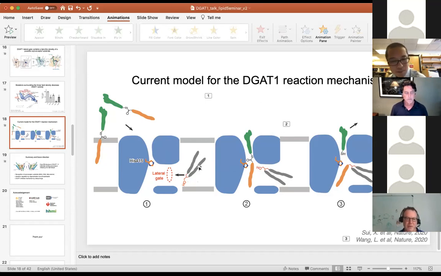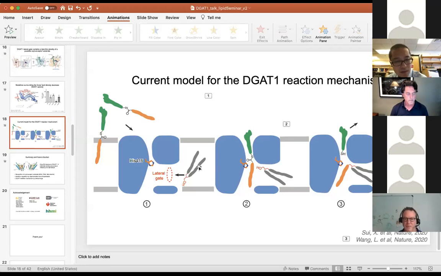Yes. But I would assume that that's the active site, the site at which the reaction happens, where the acyl chain gets transferred on. So for some reason, the molecule would have to orient itself in a way that it reaches the active site at that conformation, right? Yes.